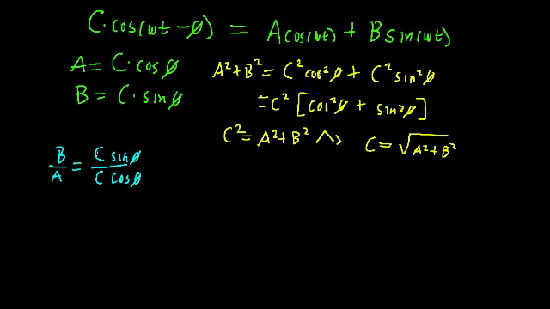And since these are just multiplied together, the C terms cancel. And what's sine of an angle divided by cosine of an angle? That's just the tangent of the angle. So now we have B divided by A is equal to tangent of phi. Sorry, we want to figure out what phi is. We want to isolate that.